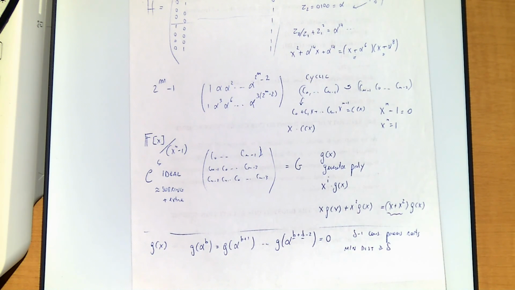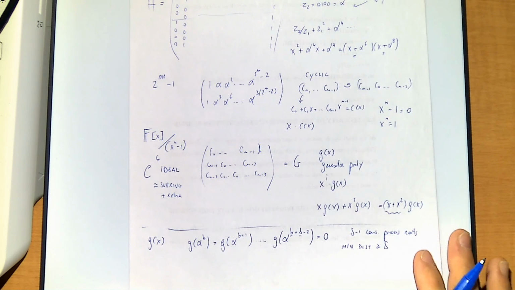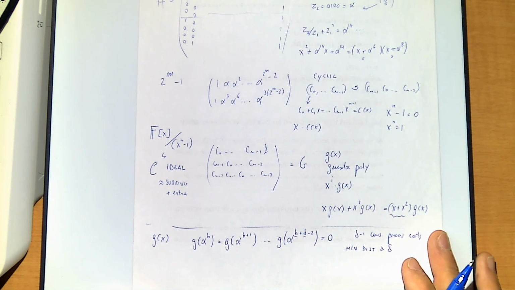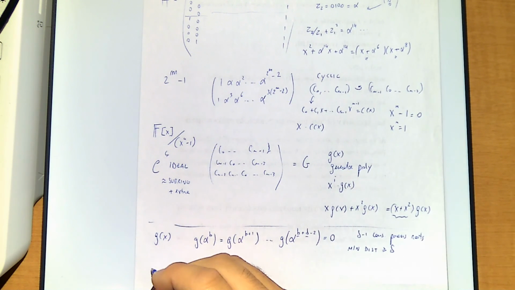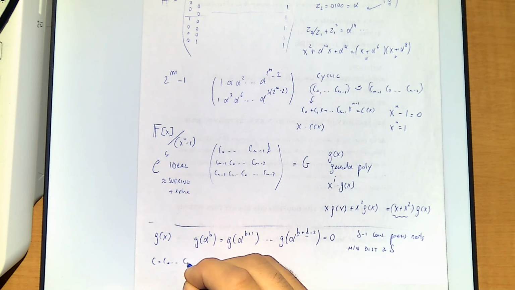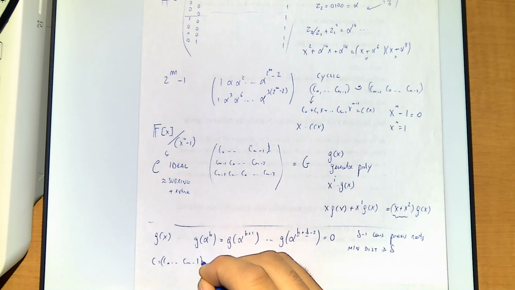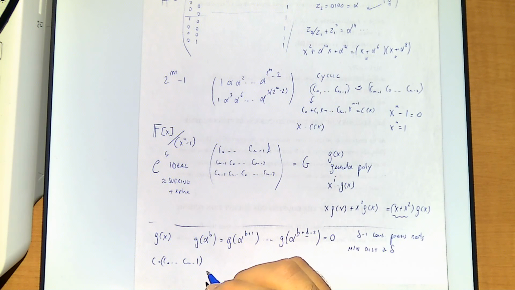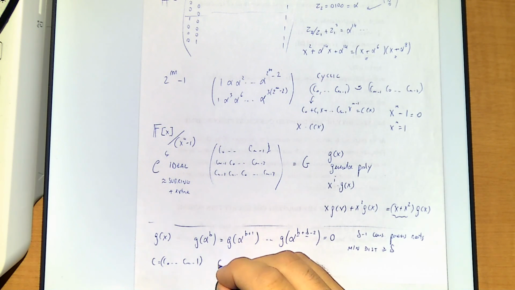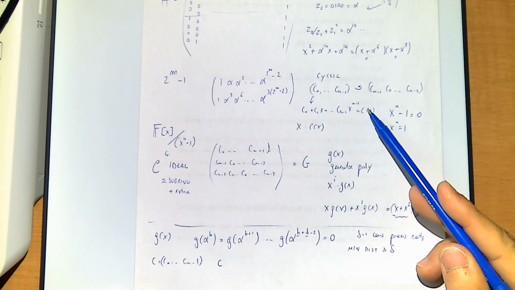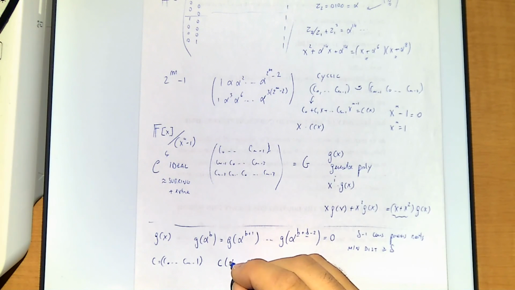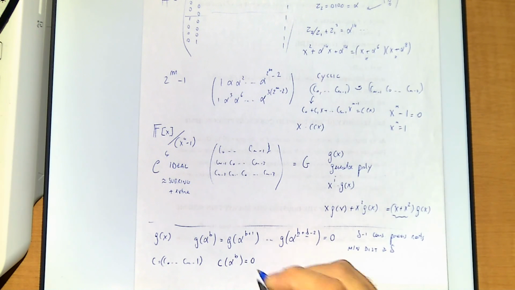And the proof of the theorem is a little bit more complex, but essentially if you have a code word c, c0 to c n minus 1, then that means that c, seen as a polynomial, when we evaluate it in alpha to the b, gets me 0, right?